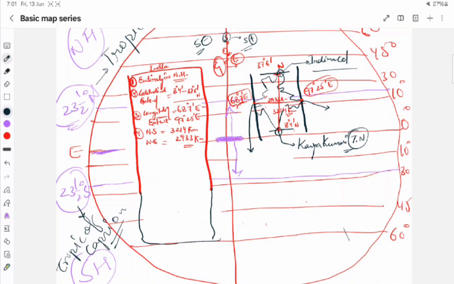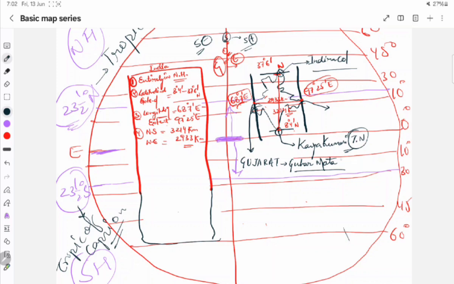Next we see from west to east. In the western part, this is Gujarat itself. In Gujarat, we have Guhar Mota, Guhar Moti, or whatever you say, Guhar Mata.